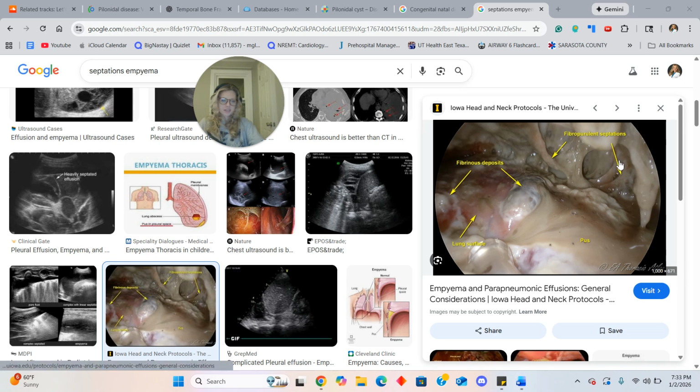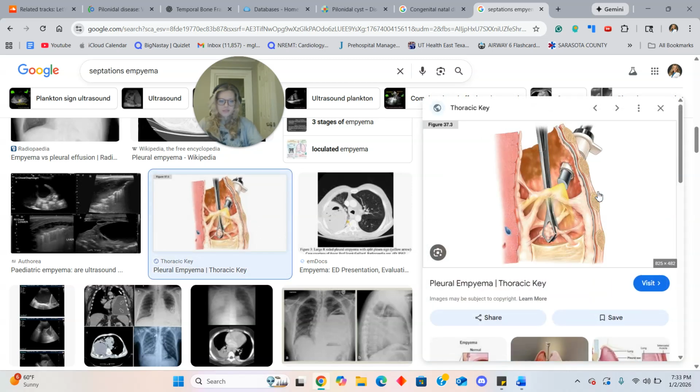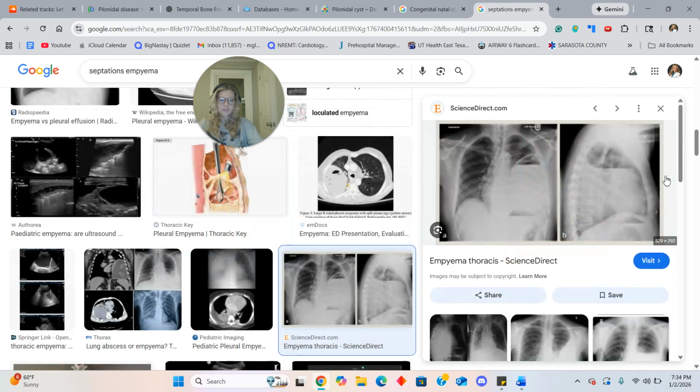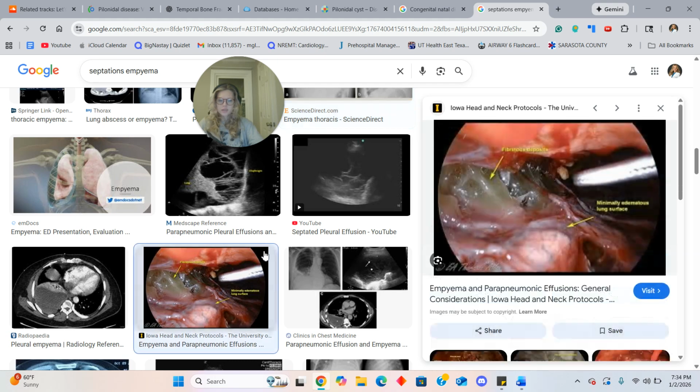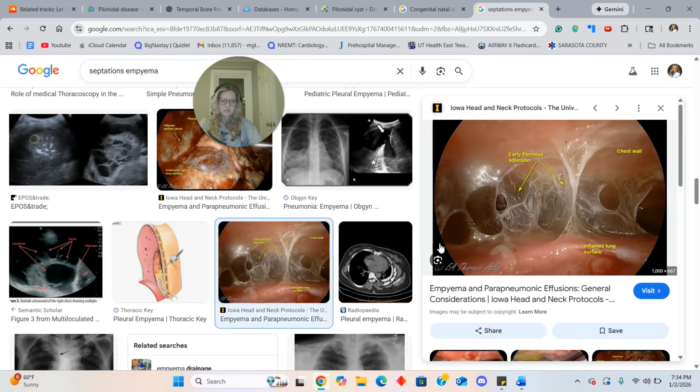That's what it is. Nasty, right? You can look up VATS surgeries and they just go crazy in there. But anyways, it's just grossness. You don't want that, do you? That's just a bunch of adhesions.